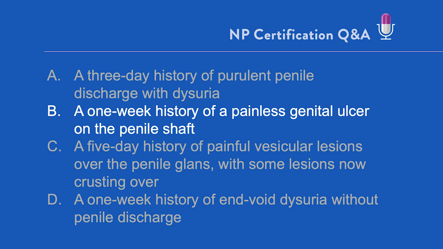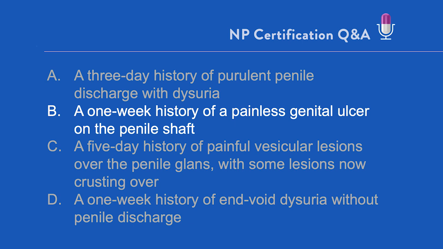So this could be what's being described here with the purulent penile discharge and the dysuria: could be chlamydia, could be gonorrhea. And just remember, these are infections typically limited to the GU tract and not a systemic infection such as syphilis is.